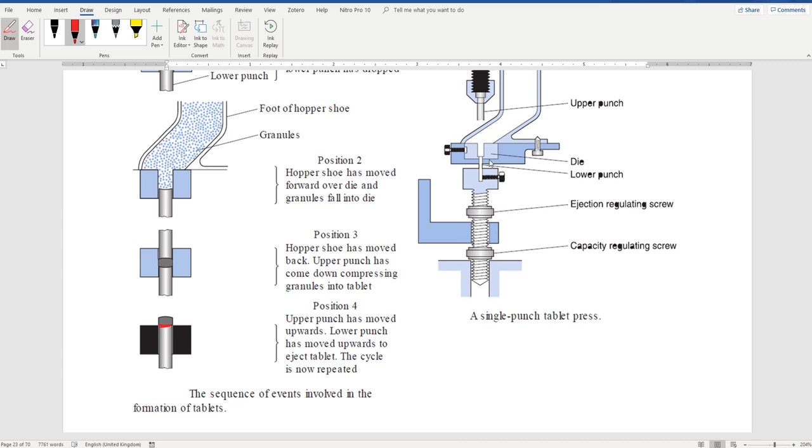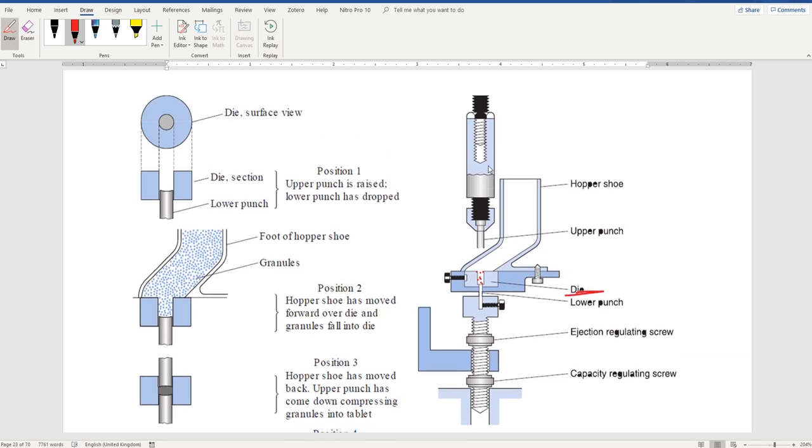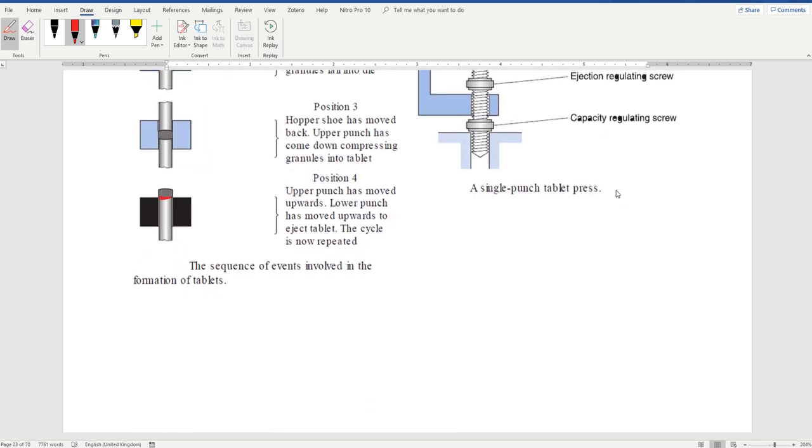The capacity to be filled inside the die cavity is also controlled by the lower punch screw. As for the upper punch, with this one we can control how much the upper punch goes inside, and therefore what is the pressure that goes into the granules. Okay.